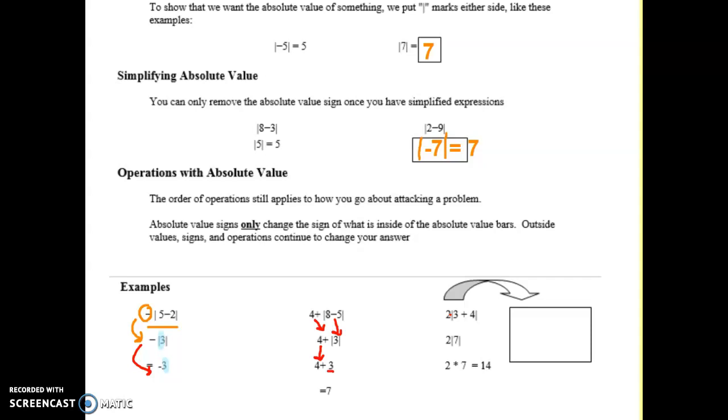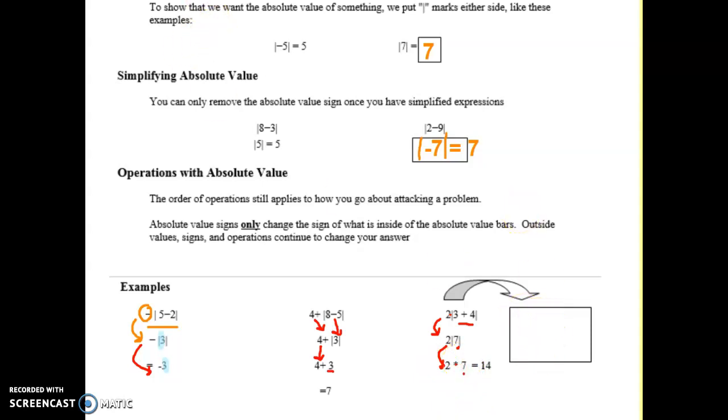Following order of operations, we're going to do inside our absolute value first. 3 plus 4 gives us 7. That 2 out front just comes on down. Absolute value of 7 is still 7, so it drops down, remains positive. My 2 comes down, and you see I actually wrote my multiplication symbol there so you could see it further, but that would be 2 times 7 and would give you the final answer of 14.